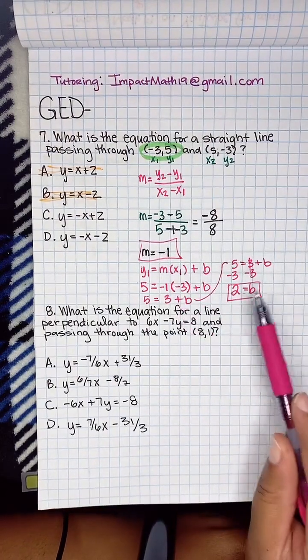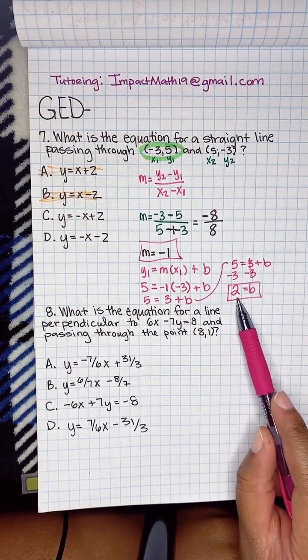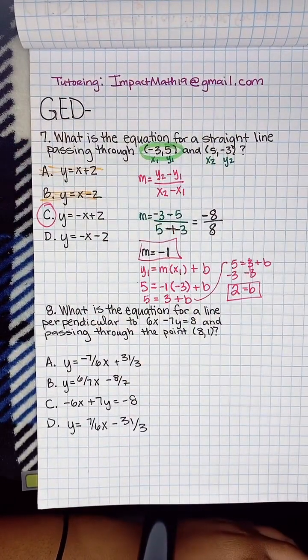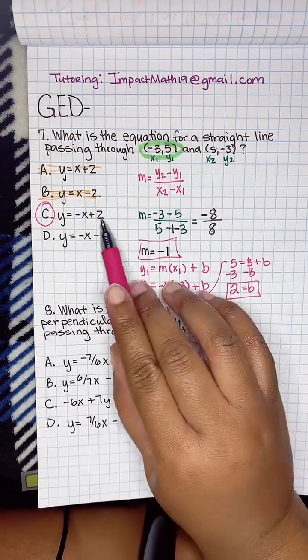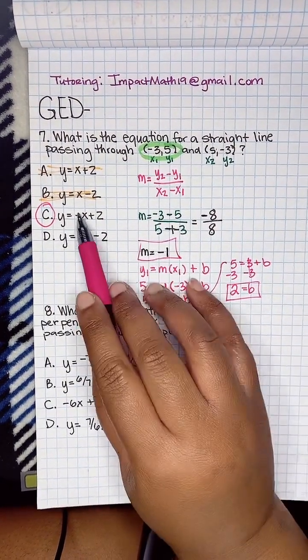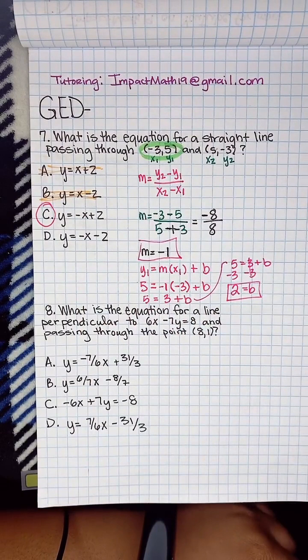We know the slope is negative and our b is positive, so we know our answer has to be C. Because it's a positive 2 that we found for b, and it's a -1, that's the slope.